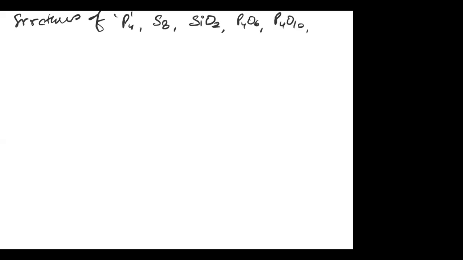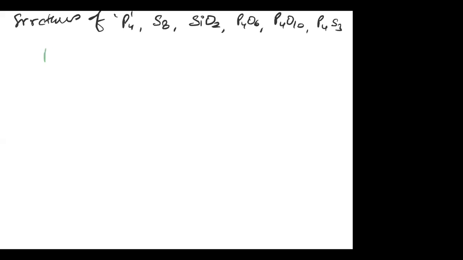Further, you can say structures of: you should know the structure of P4, you should know the structure of S8, you should know the structure of SiO2, you should know the structure of P4O6, P4O10, of P4S3. So one by one, you can see these structures also.